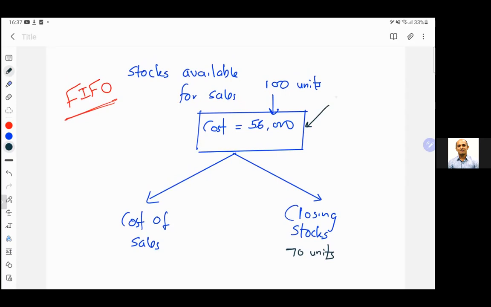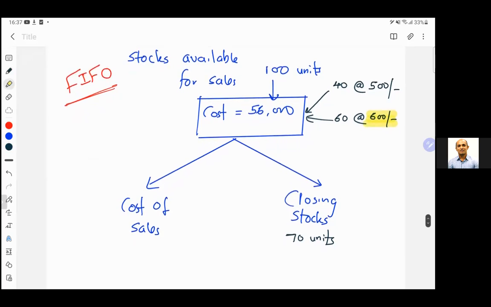Beginning you had 40 units at 500. During the year, you purchased 60 units at the price of 600. Altogether 56,000. Recent price is 600.